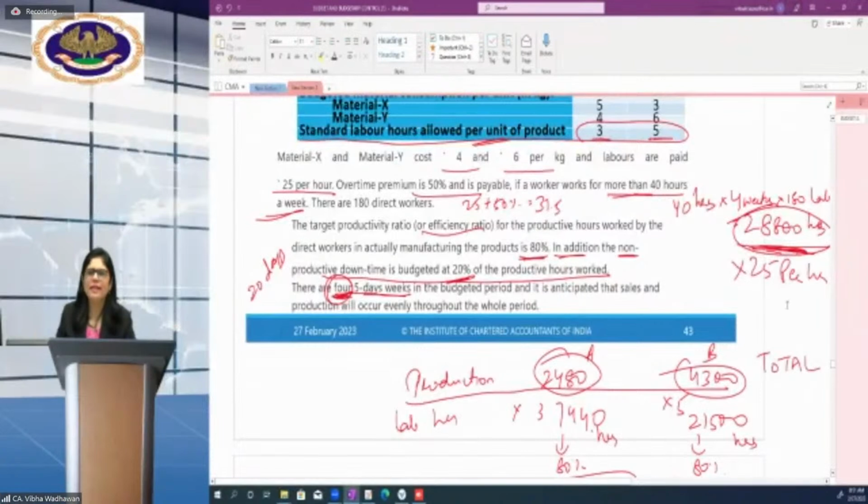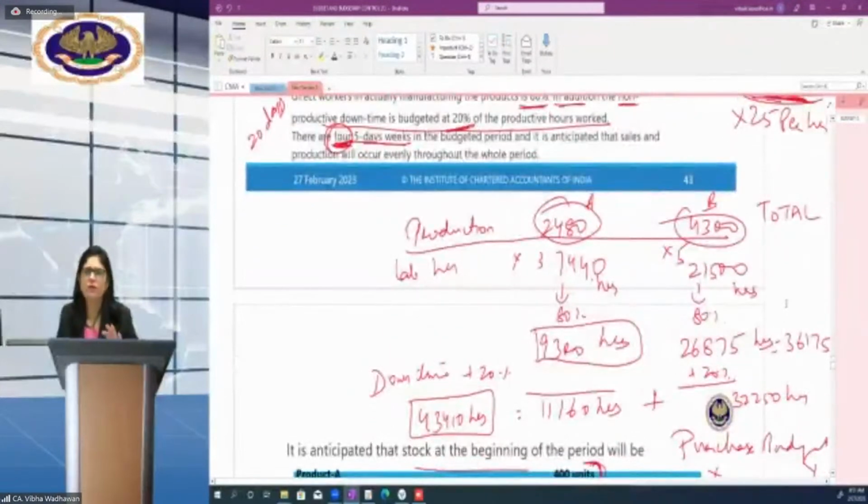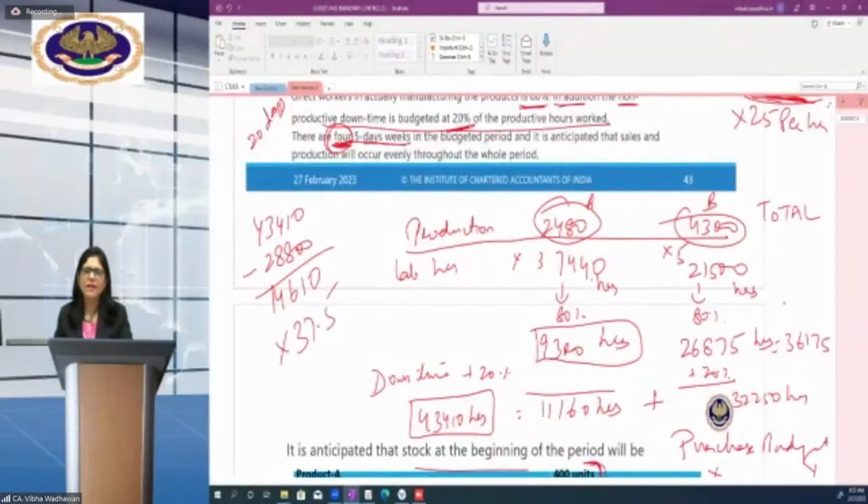So for 28,800 hours they will be paid at the normal wage rate, and the excess over normal will be at the overtime rate. So 43,410 minus 28,800. How much is the excess hours worked? 14,610 hours will be paid at the overtime rate of 37.5 per hour.